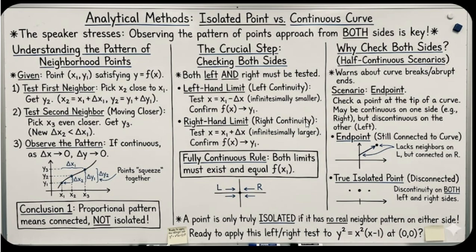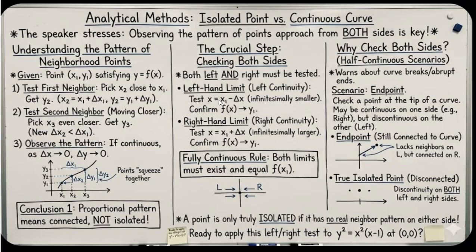Therefore you have to check the right side too. If both have continuity, then continuity means that the function value tends to f of x1. The limit of f of x as x tends to x1 is equal to y1, and because y is equal to f of x, f of x1 is y1 here.